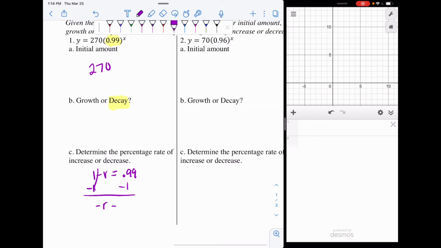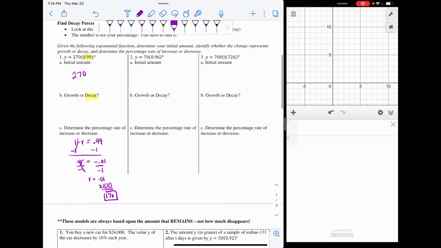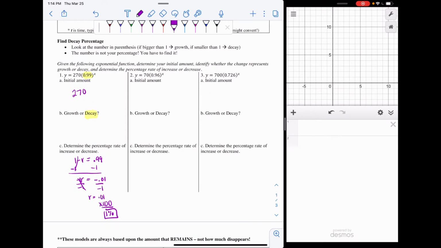I get negative r equals negative 0.01. This is really a negative 1r, so I divide both sides by negative 1. And I get r equals 0.01. Here's the issue. That tells me what r is. It doesn't tell me my percent. So now I take that number and multiply by 100, and I get 1%. That is your percent of decrease.